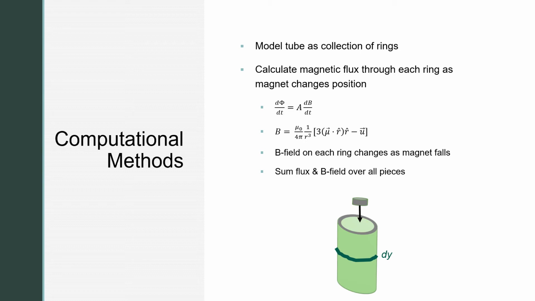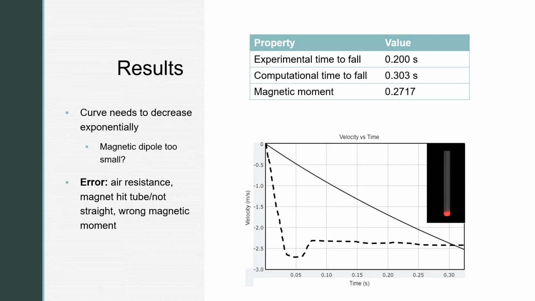The magnetic field is dependent on the distance between the magnet and the ring of interest, so of course it changes as the magnet changes position. For each position of the magnet, we summed up the magnetic field and flux for all the rings, and that's how we got the overall results.